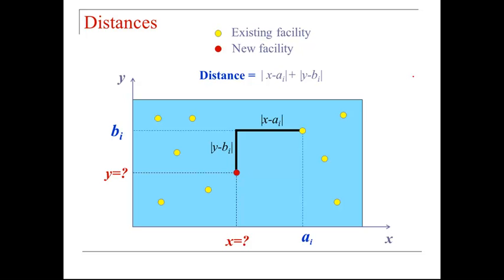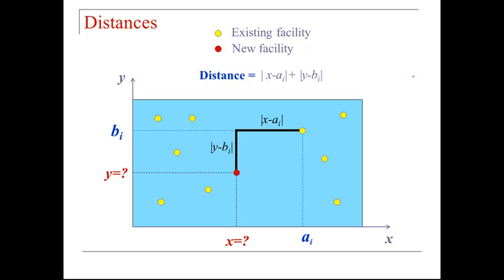We want to compute the distance between this new facility and an existing facility, so we use these parameters to define our model. x and y are the coordinates of the new facility. a and b are the current coordinates of an existing facility.